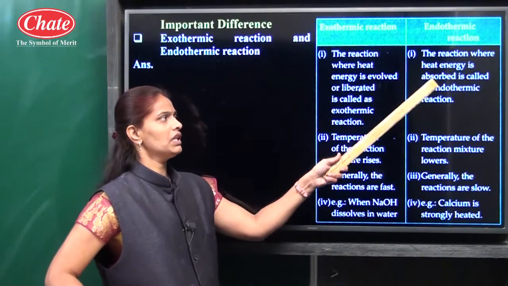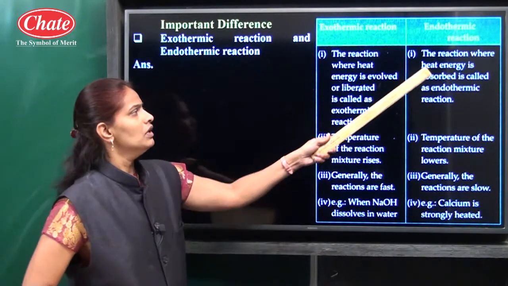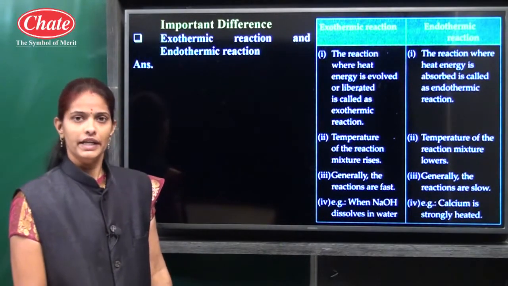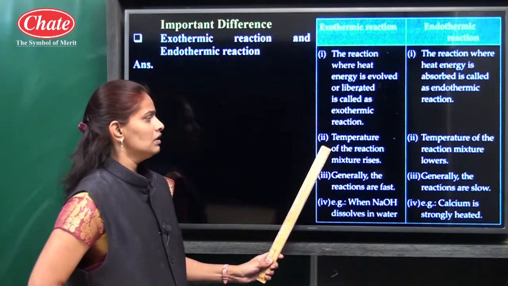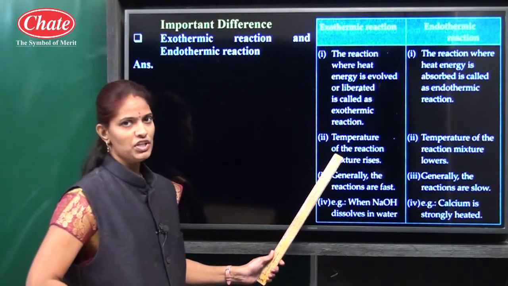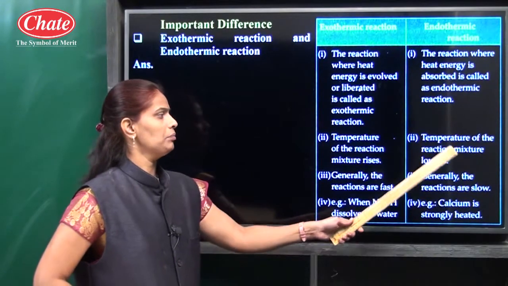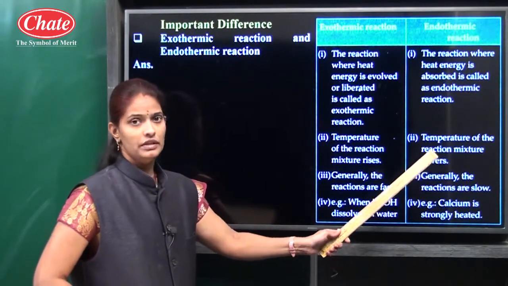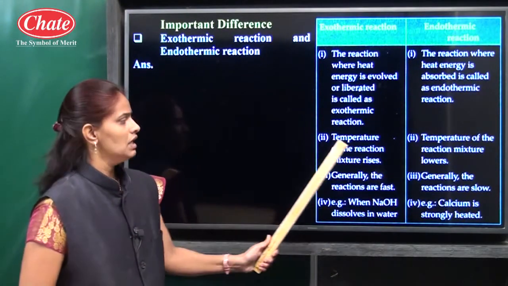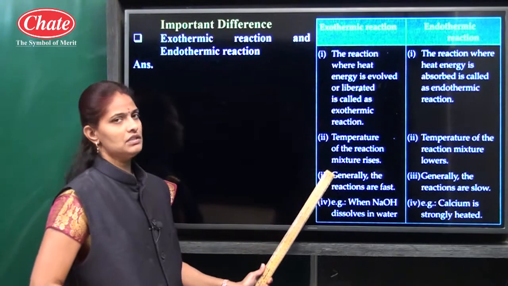And endothermic reaction, endo means in, so the reaction where heat energy is absorbed is called an endothermic reaction. The temperature of the reaction mixture rises, it means increases, in an exothermic reaction, and here the temperature of the reaction mixture lowers, decreases. Okay, the temperature of an endothermic reaction decreases and the temperature of an exothermic reaction increases.